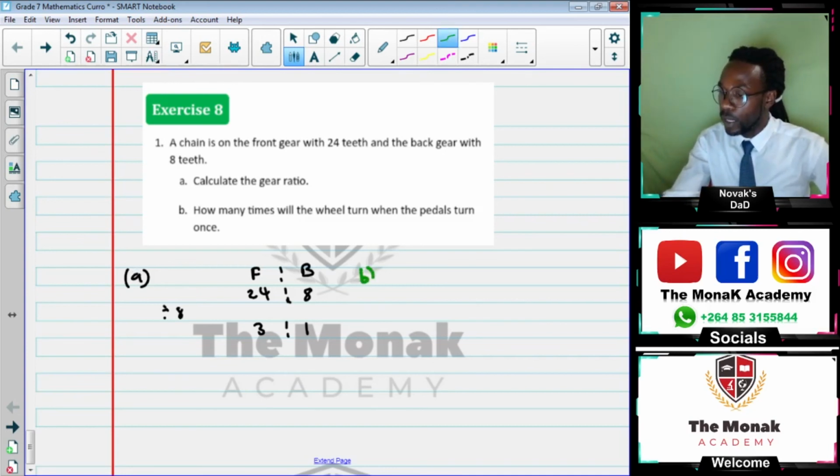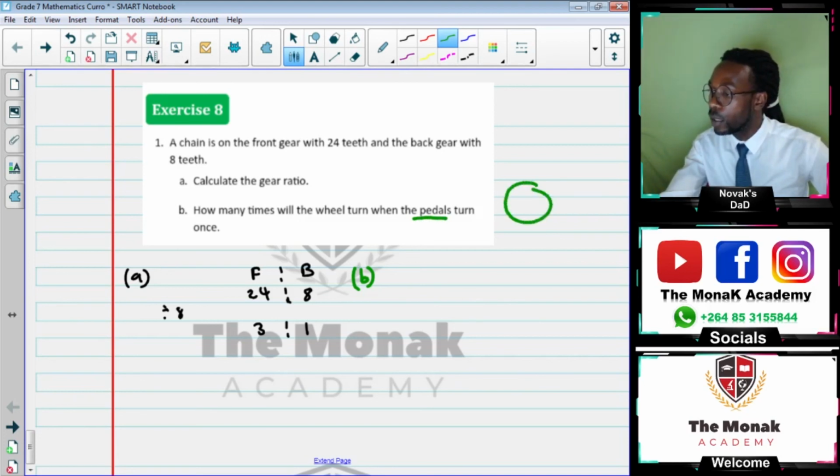Let's look at B. How many times will the wheel turn when the pedals turn once? Okay? How many times will the wheel turn when the pedals turn once? Remember, on a bike, the bigger one and our chain goes to the smaller one.